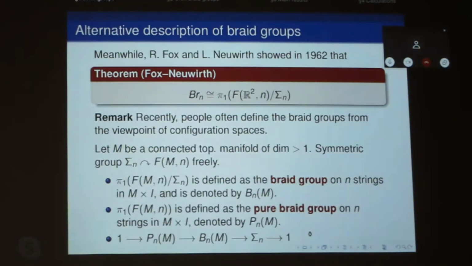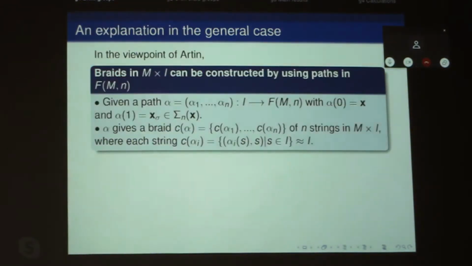Here, I would like to give an explanation in the general case. From the viewpoint of Artin, you can use paths in the configuration space to construct the braid. First, give a path. Here, the starting point is some distinct points.